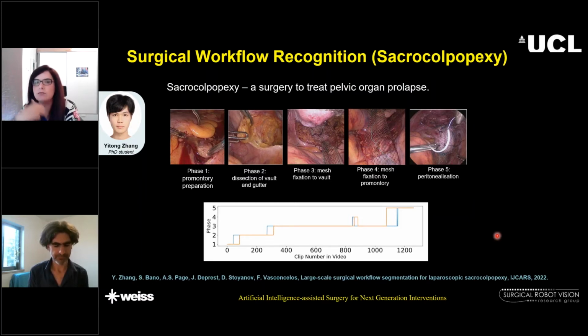So there are various challenges which became more visible when we started looking at this particular type of surgical environment. We do workflow analysis, and we use sequence models for this kind of task.